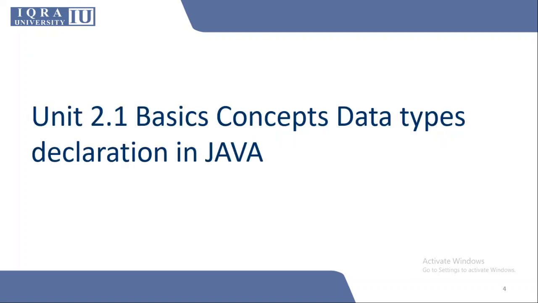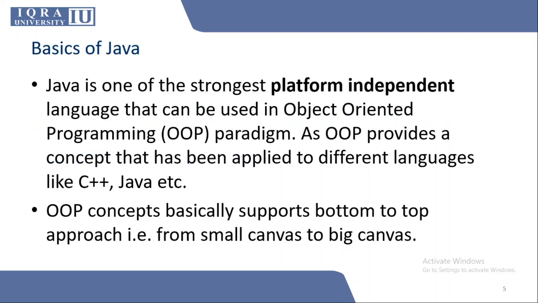Now starting unit 2.1, that is basic concepts of Java and data type declaration in Java. Java is one of the strongest platform independent languages that can be used in the object oriented programming paradigm, as OOP provides a concept that has been applied to different languages.